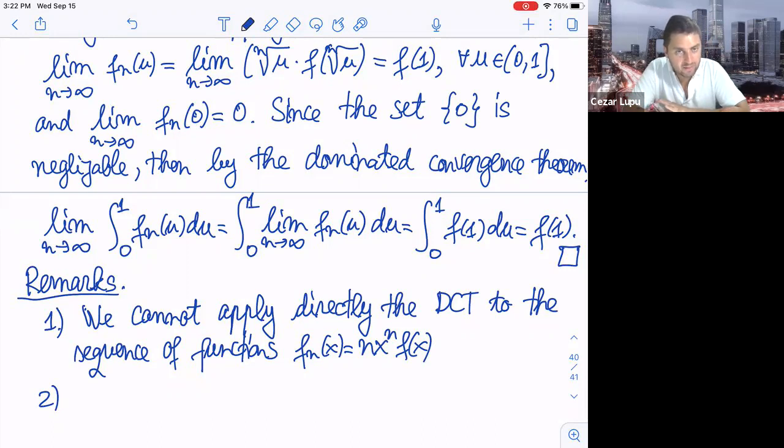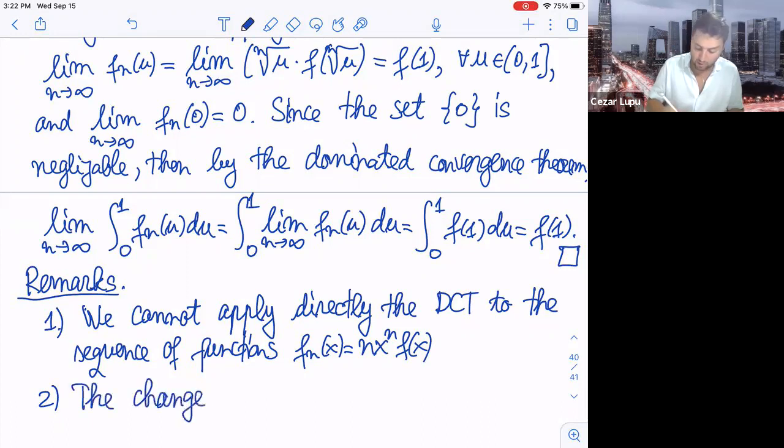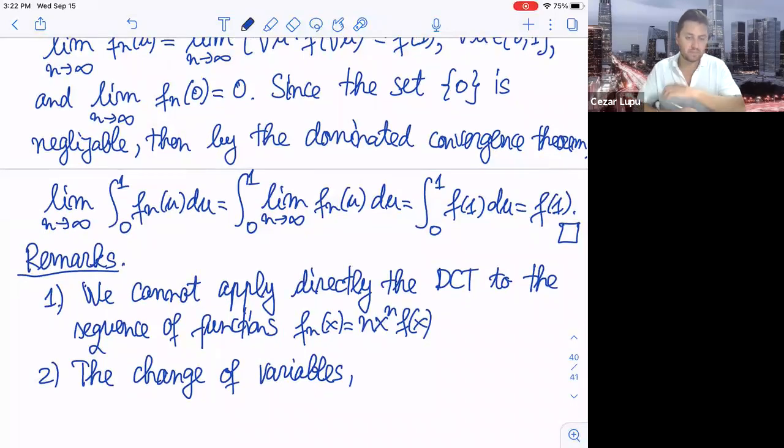And a second thing, since we talked about the change of variables. Well, maybe I don't want to be too pedantic here, but when we do the change of variables, the u-sub, basically x to the n is u, so the function phi of u is u to the power 1 over n.